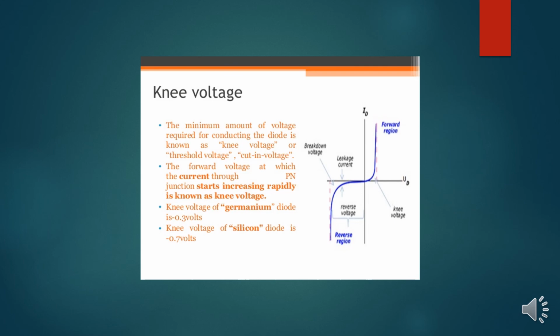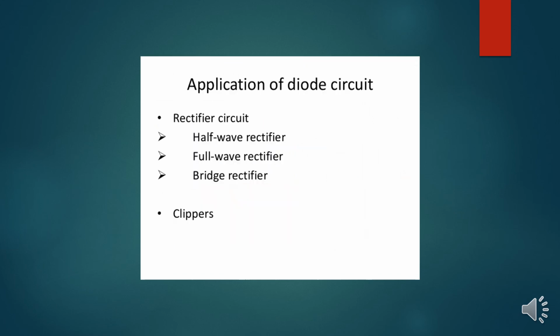But at an increased reverse bias voltage, we get a sharp change in the characteristics, and very high current flows with very low impedance. This is the knee voltage. In forward bias it is the knee voltage, and in reverse bias it is known as the breakdown voltage, where we get very high current with very low resistance.